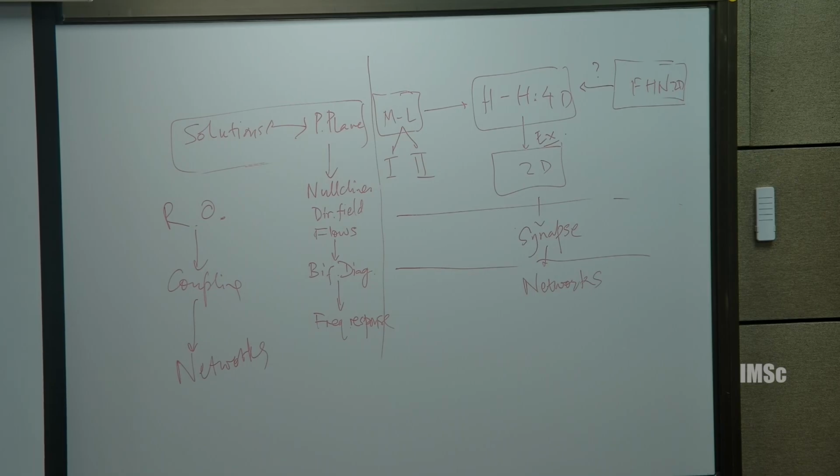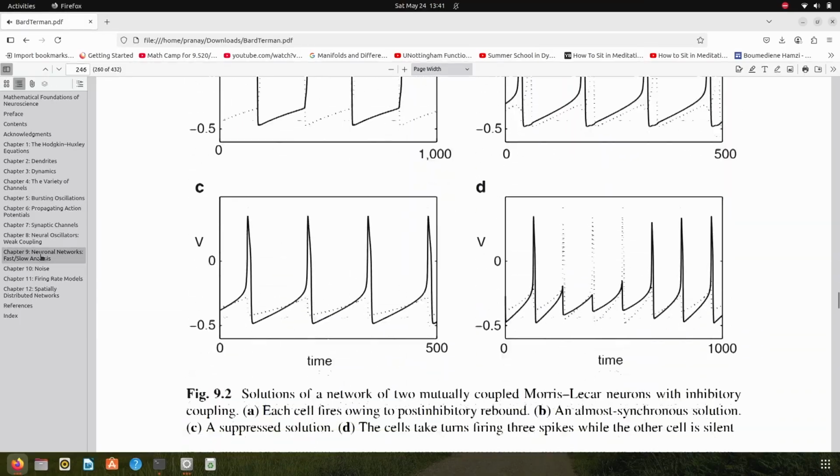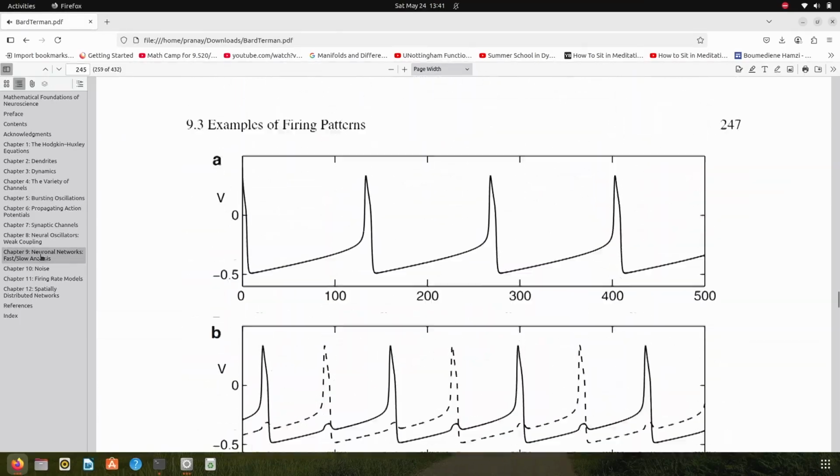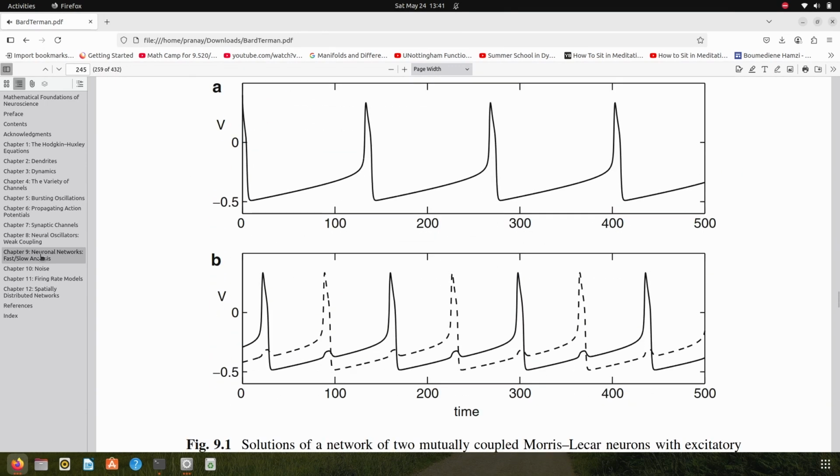For example, if you look at this diagram over here, he's coupled two neurons together, one is in dashed and the other one is in bold, and you can see that one neuron fires, the other neuron fires, and the first neuron fires and the other neuron fires, and they sort of go in and out. So that is a half center oscillation. What do you think would be the kind of coupling that is needed to give you half center oscillations?